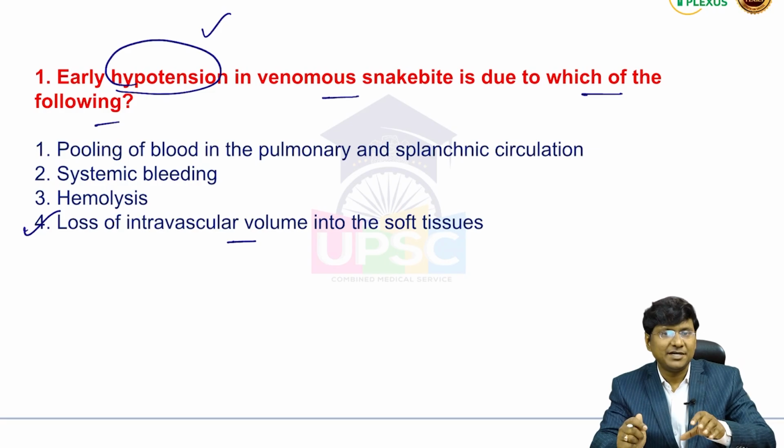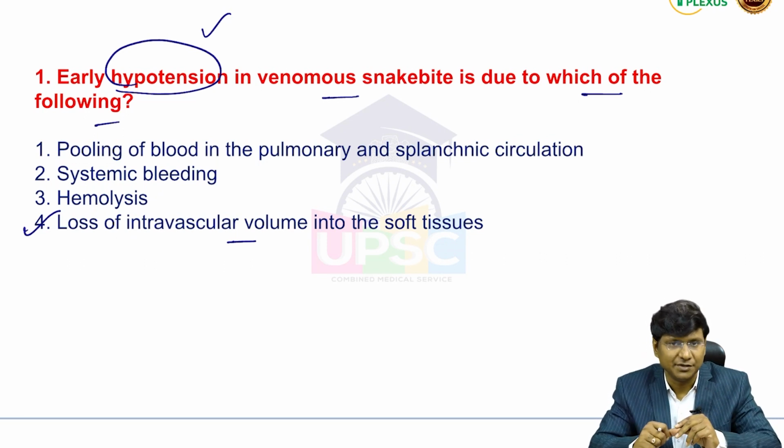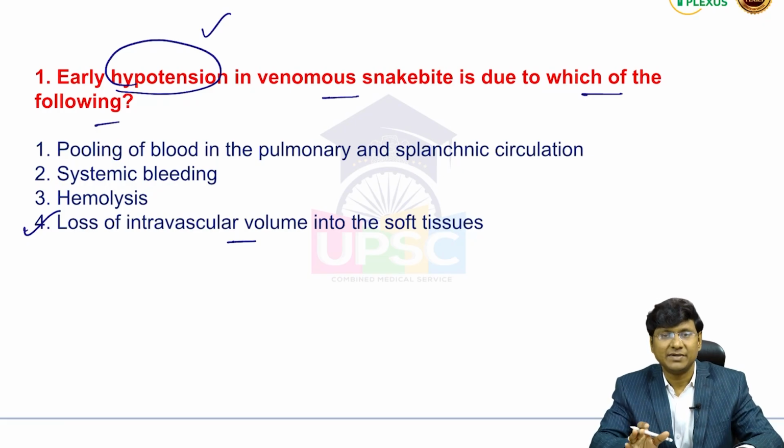This mechanism is responsible for the hypotension, because of which the perfusion to the organs will be reduced, right? These patients will have this leakage mainly because of increased permeability as well as leakage of the plasma into the surrounding tissues.